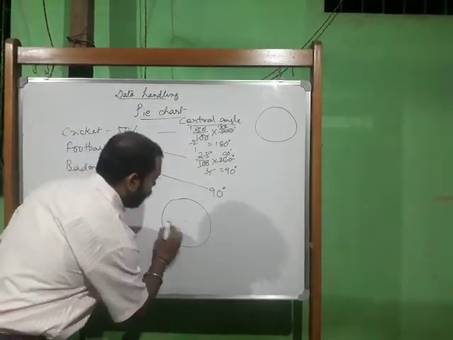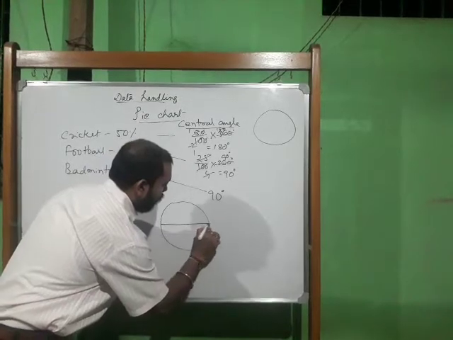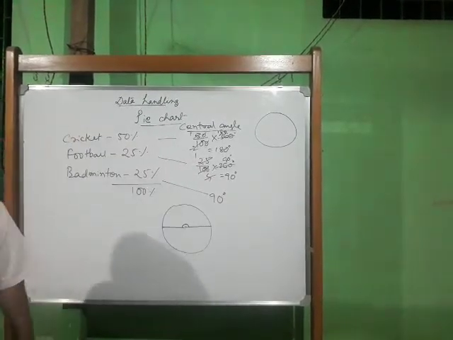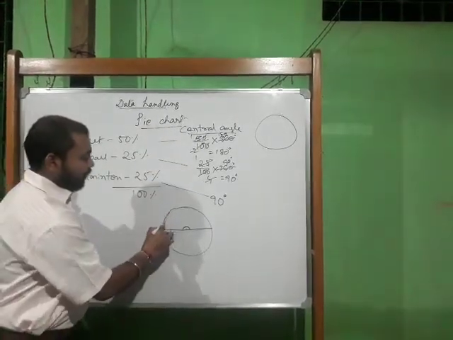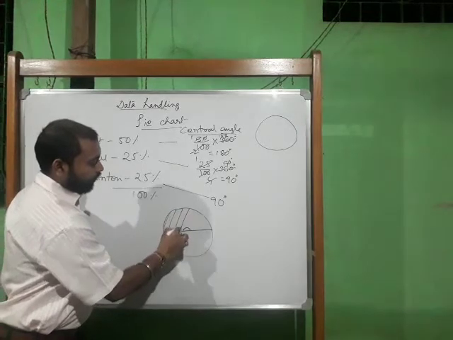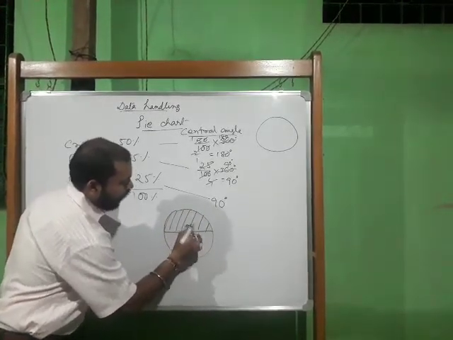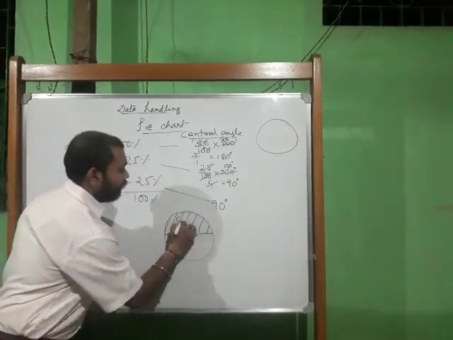I am drawing roughly with my hand. Since we know that for the diameter this angle is 180 degrees, this portion is the cricket one. This angle is 180 degrees, and 180 degrees is a straight line, as all of you know. So this is about cricket.